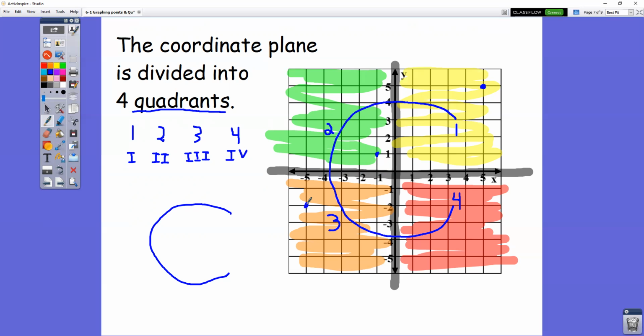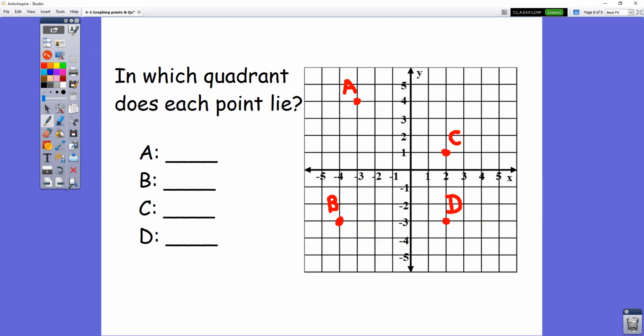This point is in quadrant number 3 because it's in the orange section. And if we had 2, -2 right here, this would be in quadrant number 4. So any point that's in the area is in that quadrant. But again, remember the gigantic letter C, we go from 1 to 2 to 3 to 4. So go ahead and think about where each of these points are. What quadrant is each one of these points in?